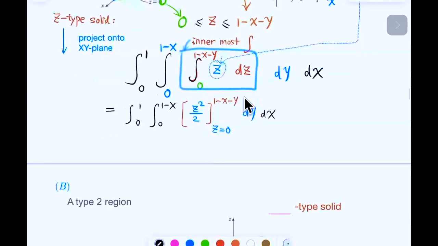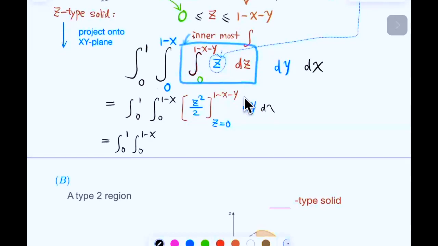Now we do the substitution. If you substitute over here, you will have 1 minus x minus y, squared, over 2, and then dy dx.